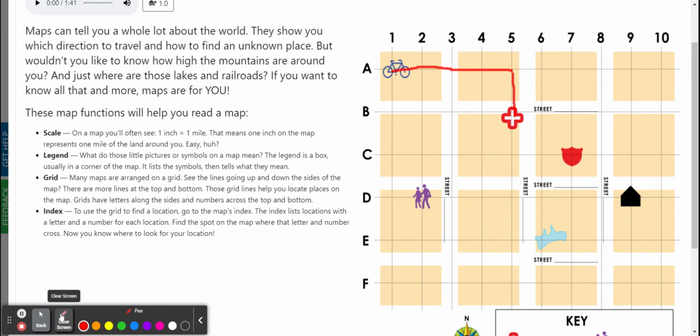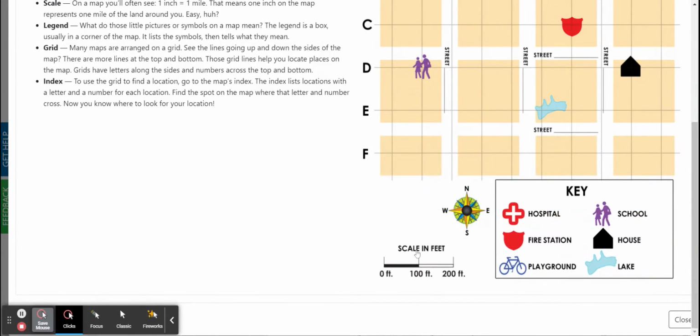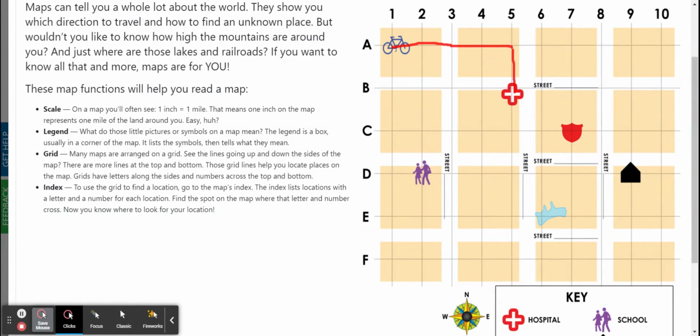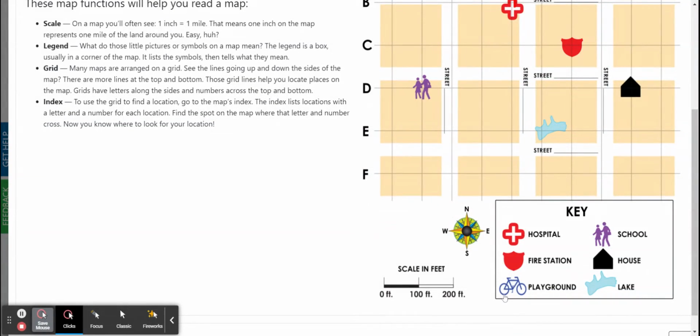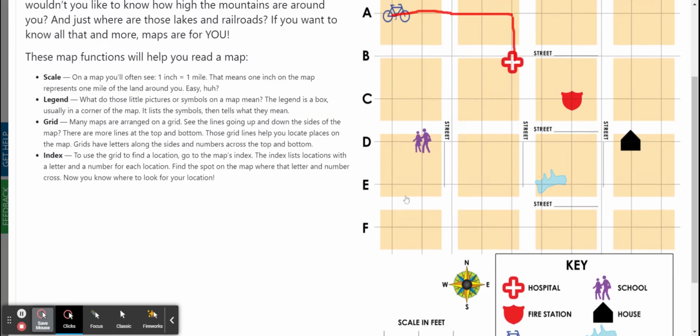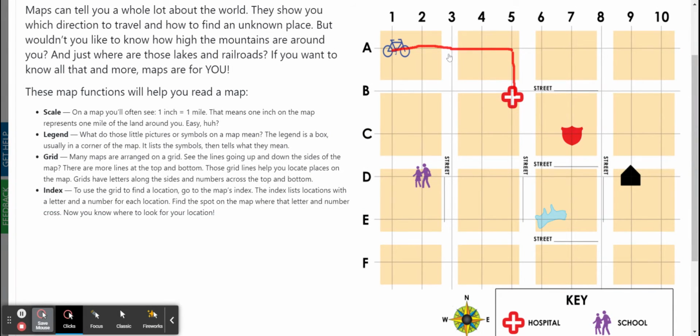So what does that mean? If there are 5 total sections, well, then what does that mean? That means it's going to be 5 groups of 100. So it's going to be 500 feet between the playground and the hospital, right? So 500 feet. 1, 2, 3, 4, 500 feet. Okay, so ladies and gentlemen, there we go.